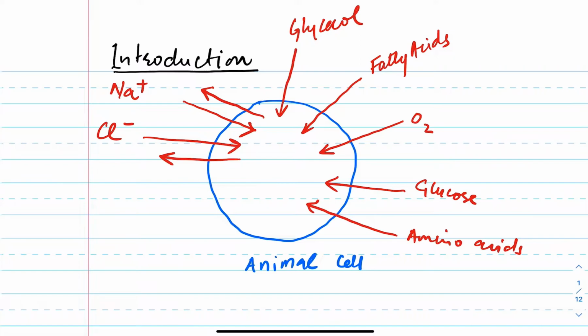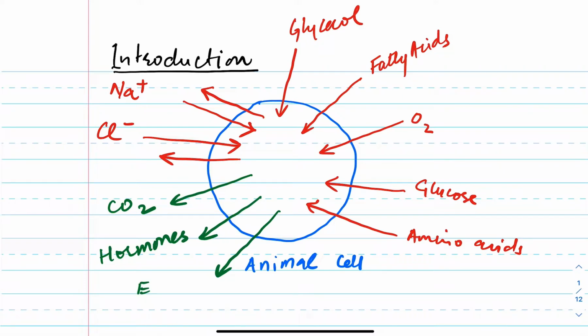There are some waste substances that move out of the cells that include maybe carbon dioxide. It may be some hormones, and maybe enzymes that move out of the cells. And above all, water moves into the cells and water moves out of the cells.